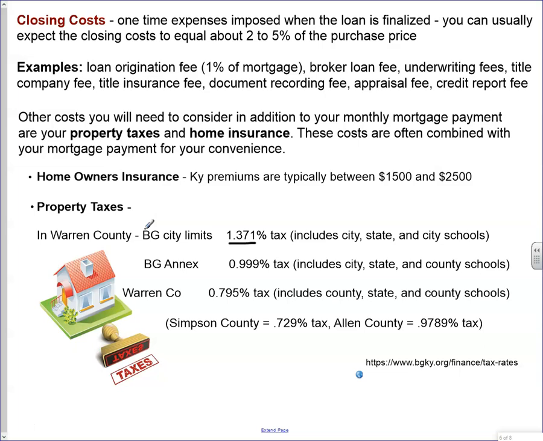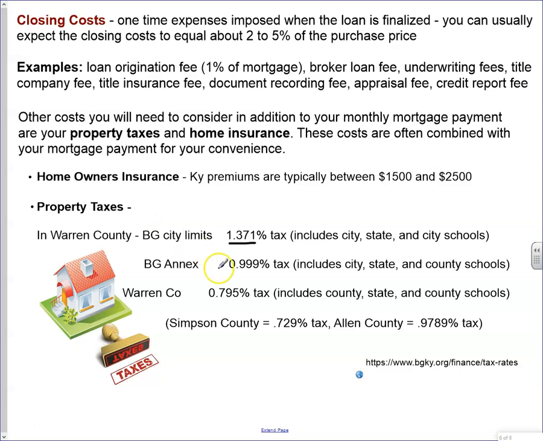Then you've got the BG Annex. The Annex is when you still live within the city limits, but your kids would go to county schools. Like that would be probably a lot of Three Springs, Cumberland Trace. I'm more familiar with the south side of Bowling Green. So their kids don't go to city schools, but they're still within the city limits.